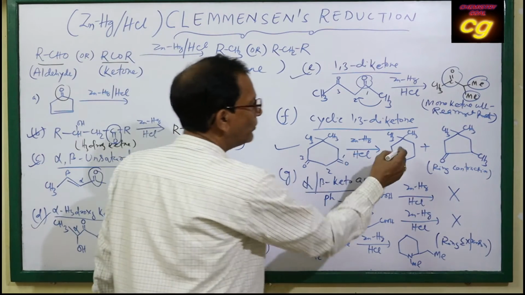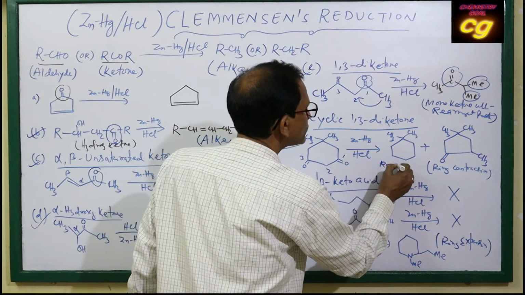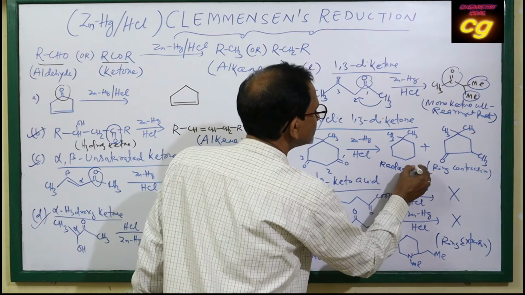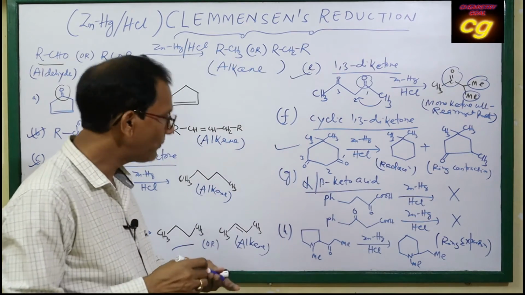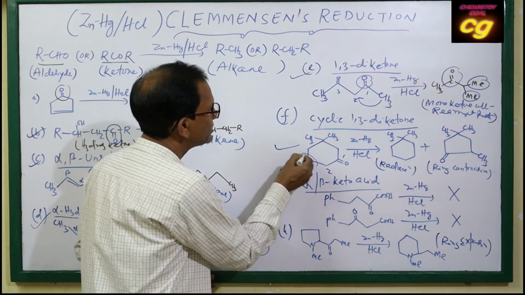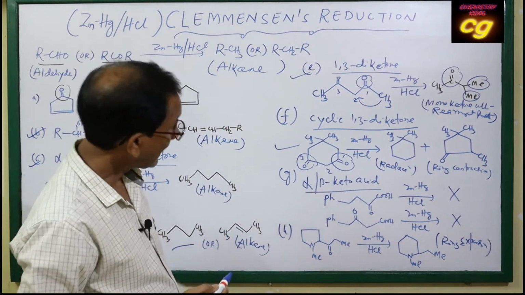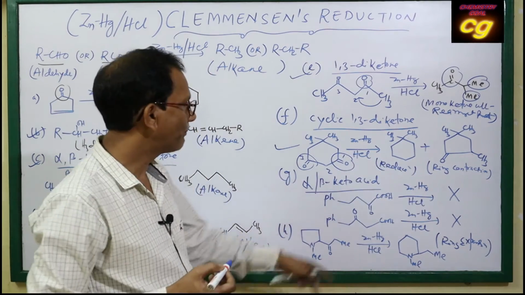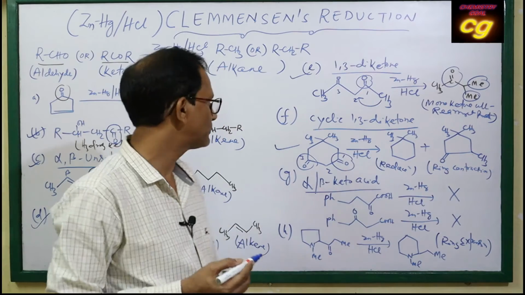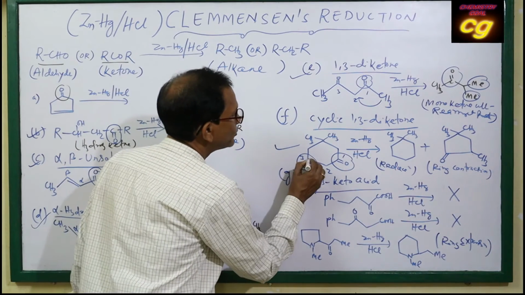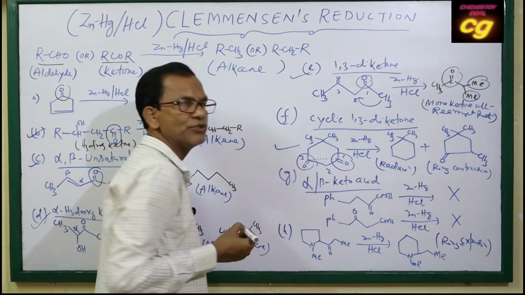One is the complete reduction product. You see, this keto group is reduced and this keto group is also reduced. Okay, and also some ring contraction takes place. Ring contraction means this group will be joined at this position.